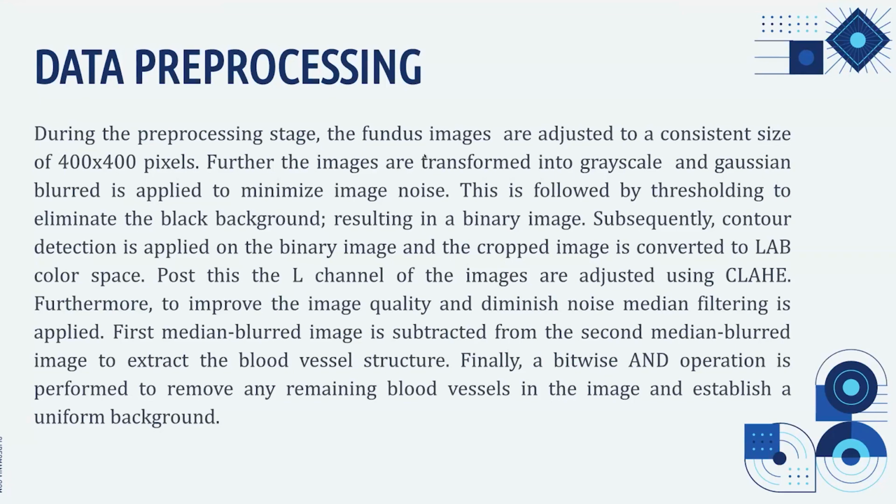Furthermore, to improve the image quality and to diminish the noise, median filtering was applied. We applied 2 different median filters in our data preprocessing. The first median filter was subtracted from the second median blurred image in order to extract the blood vessels. Finally, a bitwise AND operation was performed to remove any blood vessels in the image and establish a uniform background.